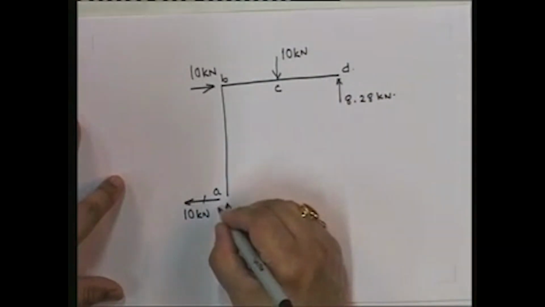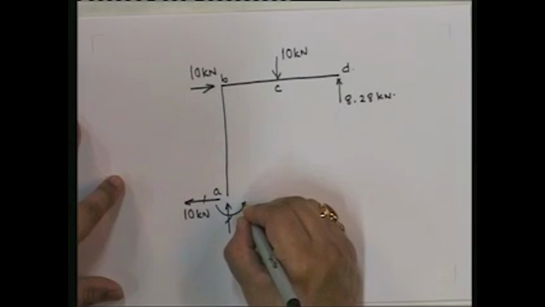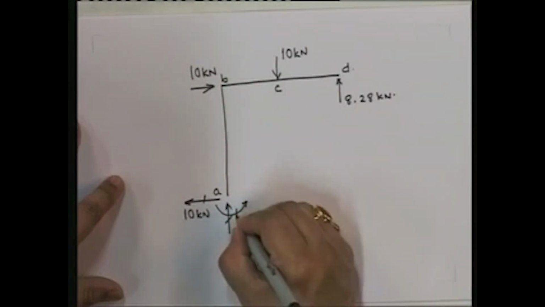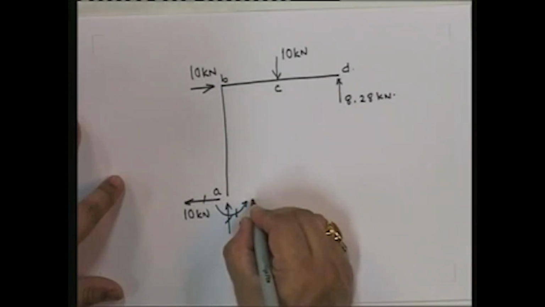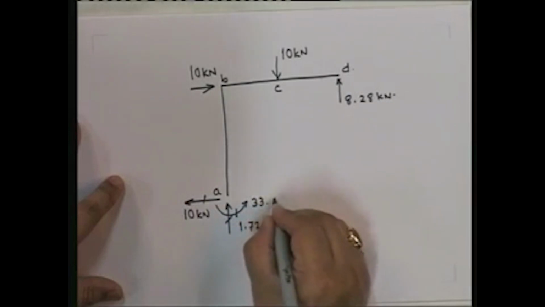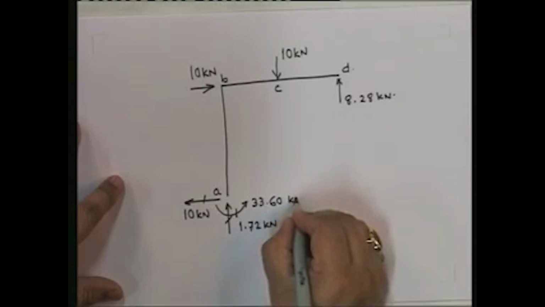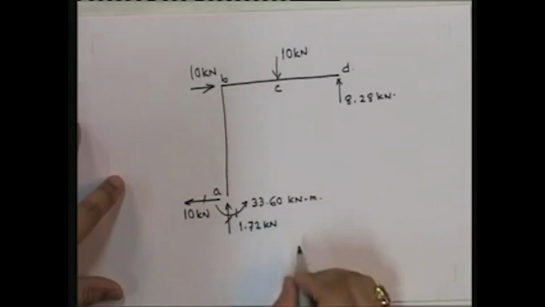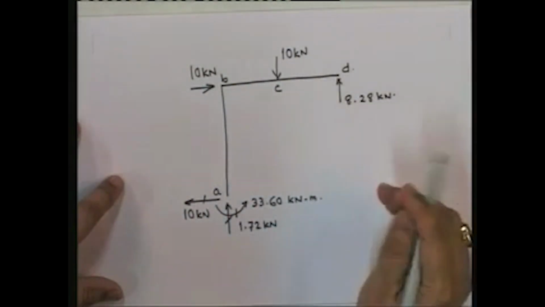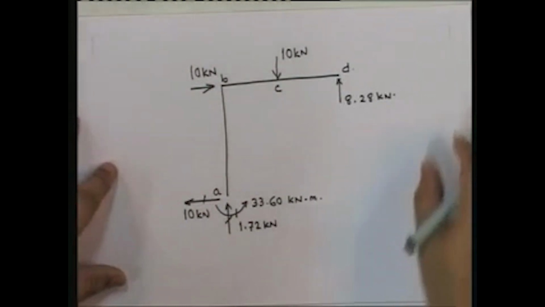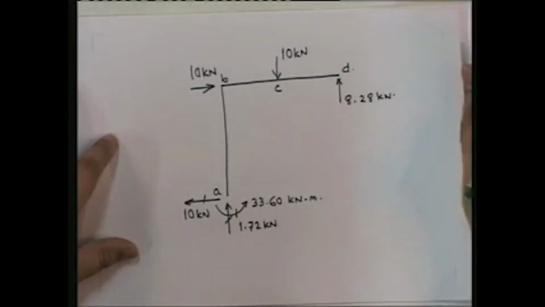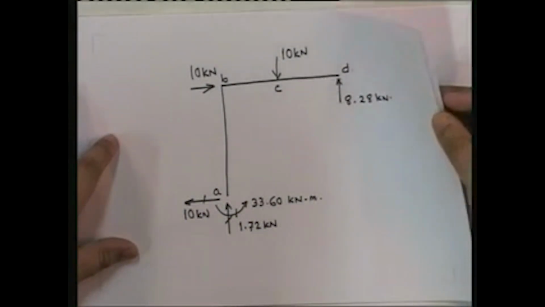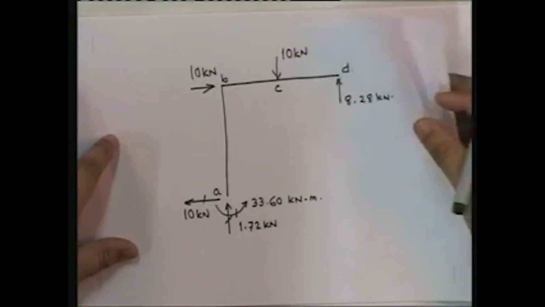So this is going to give me a moment in this direction whose value is going to be equal to 33.60 kilonewton meter. So once I have found out the reactions, I can proceed to finding out the forces in the bending moment diagram.